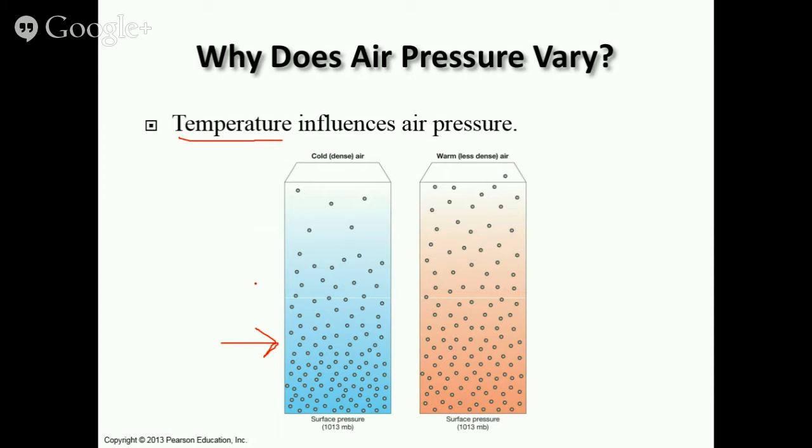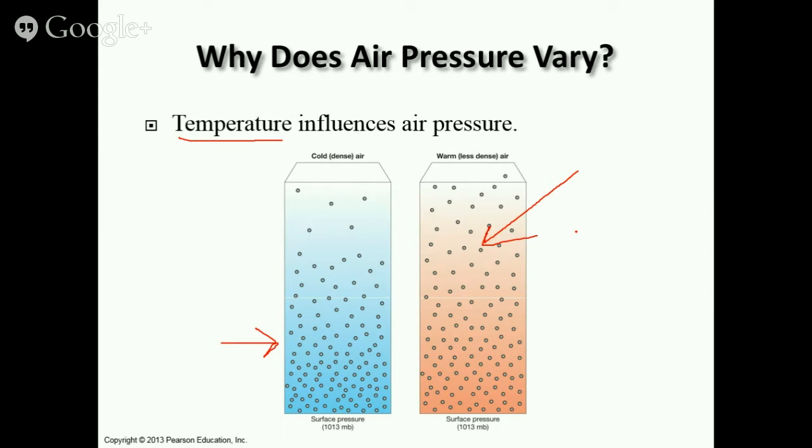Well, because we're having a slightly different situation with molecules that are farther apart like this, we're going to have a change in pressure as well. So we can see these types of densities that do sometimes play out.